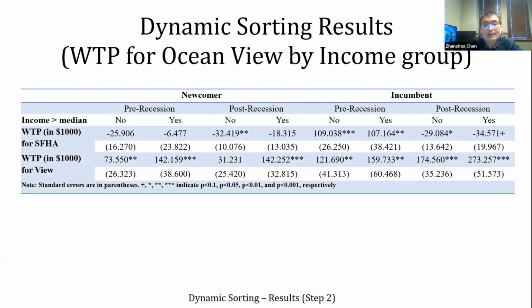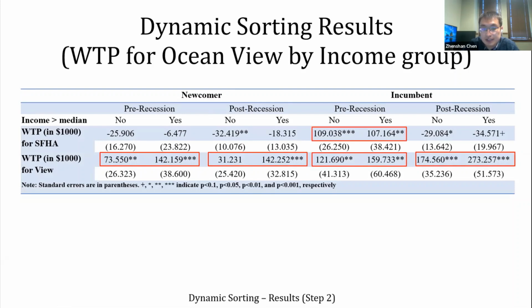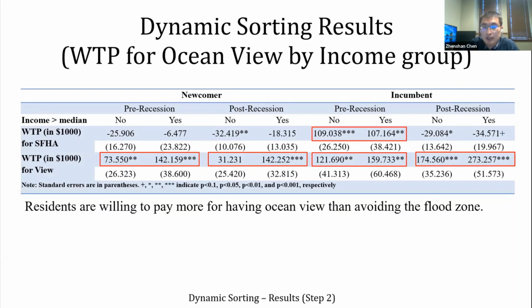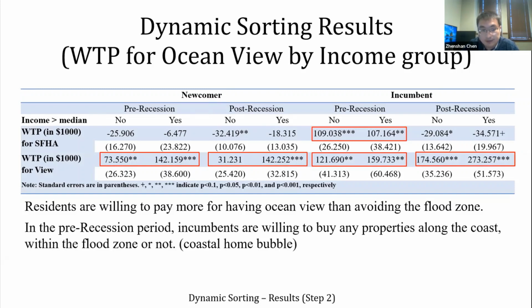Okay, then there are some results about the marginal willingness to pay for the flood zones and for ocean view. This time we break down the sample by income groups. Generally, you can see people are willing to pay more for having an ocean view than for avoiding the flood zone. And in the pre-recession period, incumbents are willing to buy any properties along the coast, regardless of whether they're in the flood zone or not.